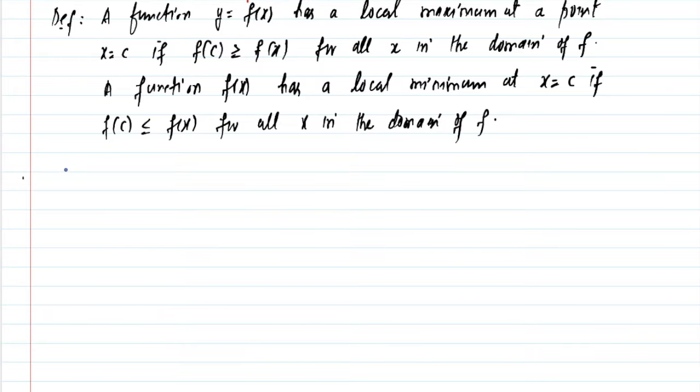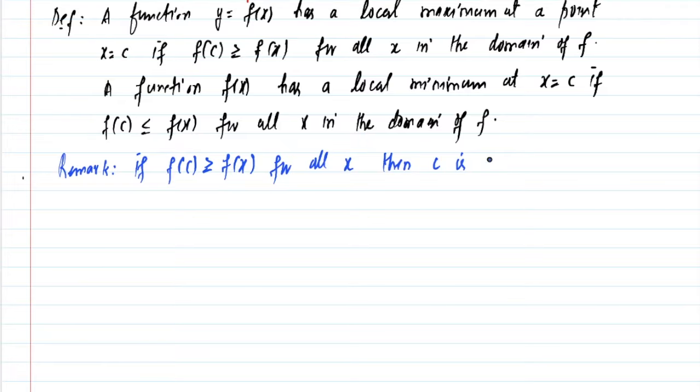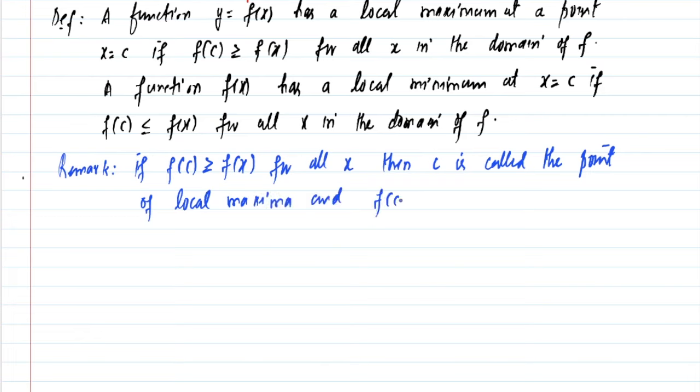We add a little more here. So this is one remark. If f of c is greater than or equal to f of x for all x, then c is called the point of local maxima, and f of c, which is the value of the function at c, is the local maximum value.